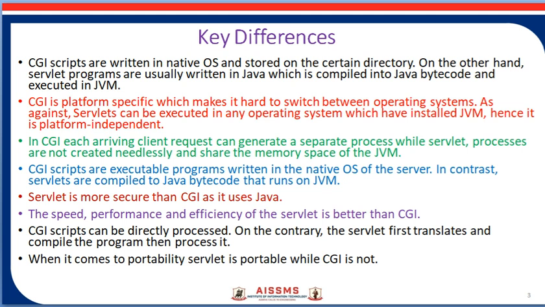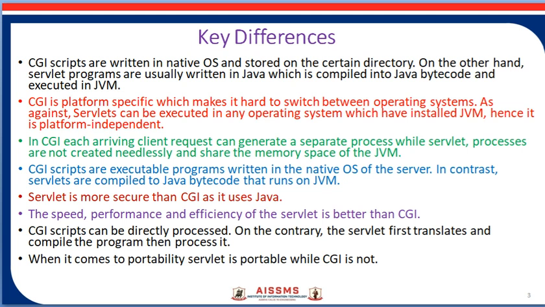CGI is platform specific because we used to write CGI scripts using C and C++ programming languages, so they are not platform independent. That makes it hard to switch between operating systems, which is the drawback of CGI scripts. Servlets, as against this, can be executed in any operating system which has JVM installed, hence they are platform independent, because servlets are written in Java.